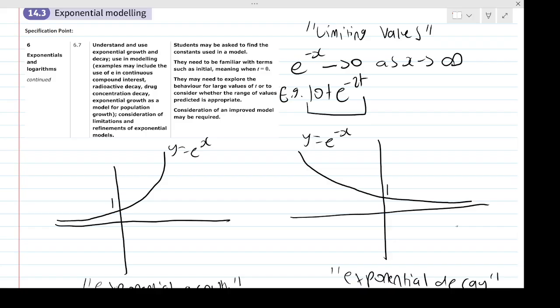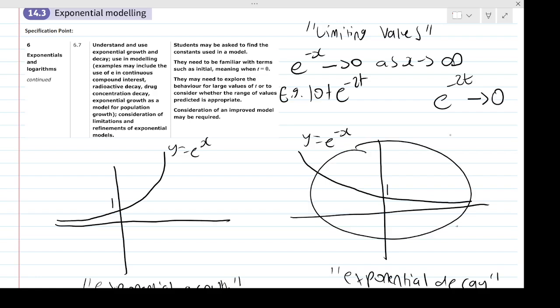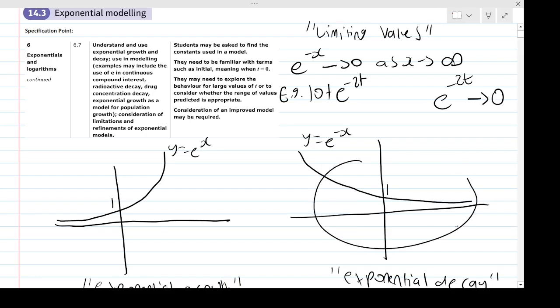Well, to work that out, we need to recognise, using what we've just seen, that e to the negative anything, in this case e to the negative 2t, goes to 0, because of this graph here. Again, e to the negative 2t will have a very similar graph. It will tend to 0 in the long run.